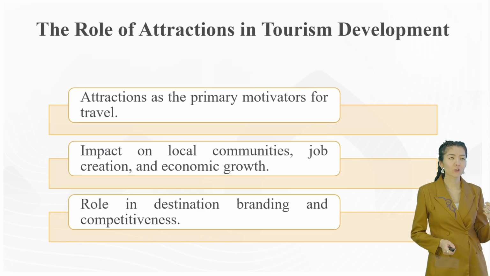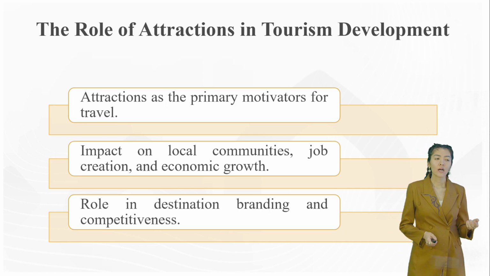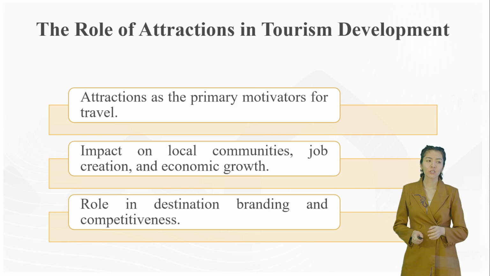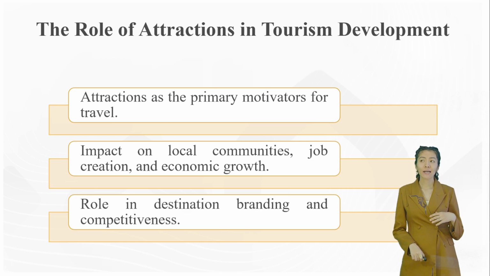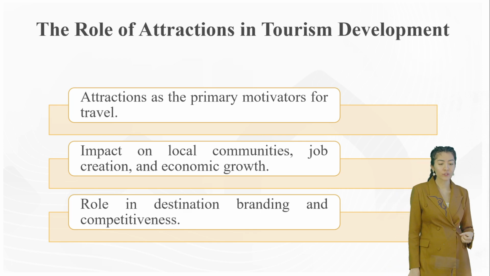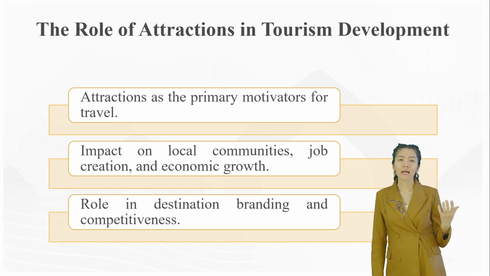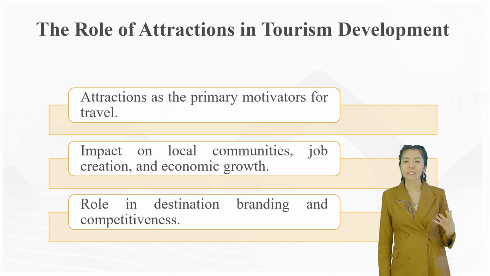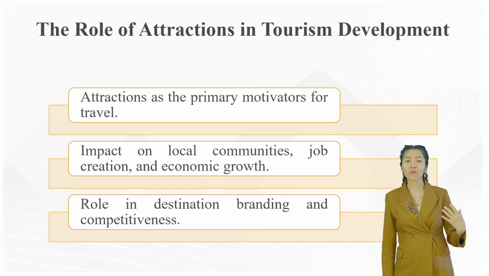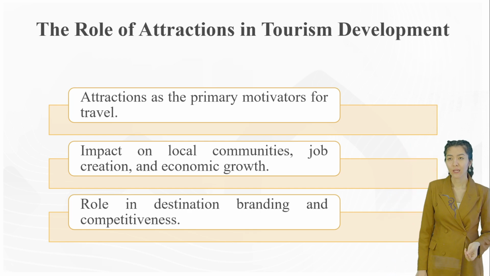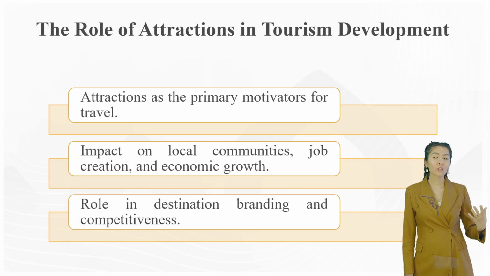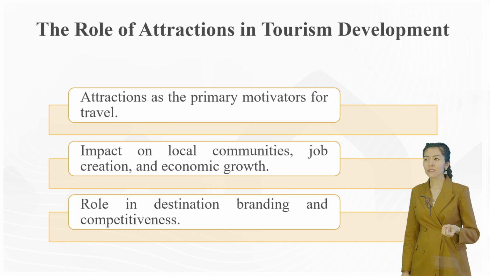The role of attraction in tourism development or tourism infrastructure development: first, attractions are the primary motives of traveling. It means that if an attraction is very attractive, it can ensure a majority of tourists. Secondly, impact on local communities, job creation, economic growth.